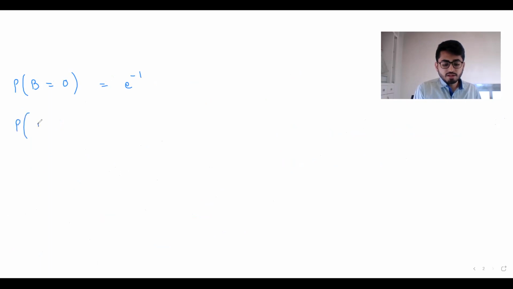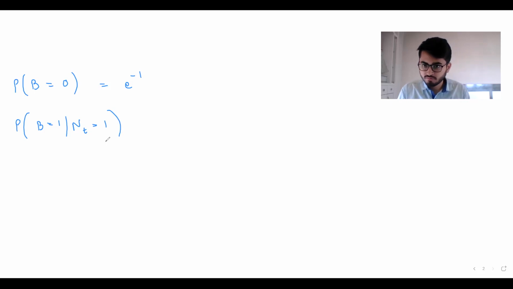Then probability B equal to 1, given, let's say, nt is equal to 1, wherein nt over here is just at the end of the day, how many customers are there in the queue. Although technically it's not the correct way, logically just understand, this is the probability that given that there is one customer waiting in the queue just before the end of the day, one customer leaves the queue.